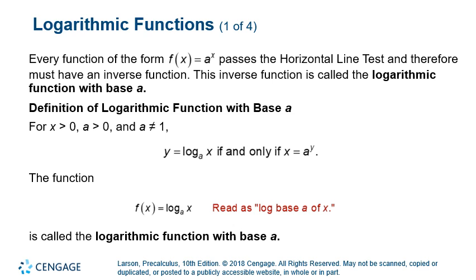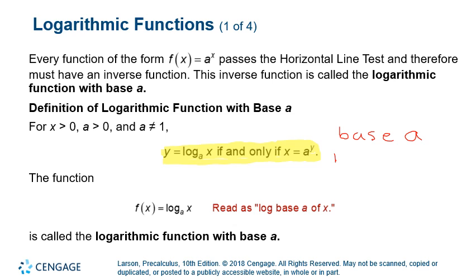This particular part right here, let me just grab a highlighter, is particularly important. And when we get to class, I'm going to show you a mnemonic device to help you remember that. But basically what's happening here is you have a base, which is a, on both of them.